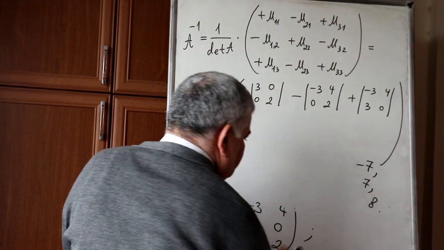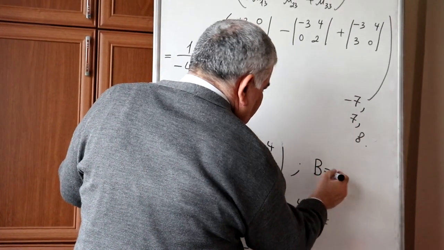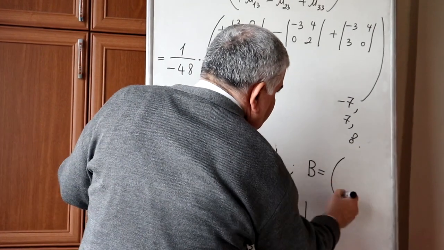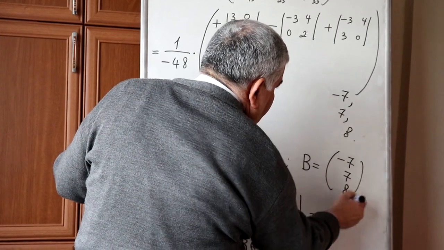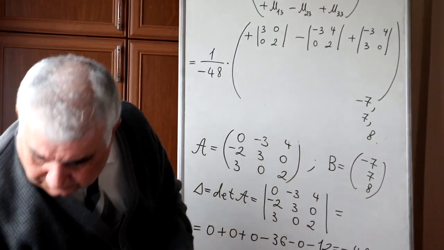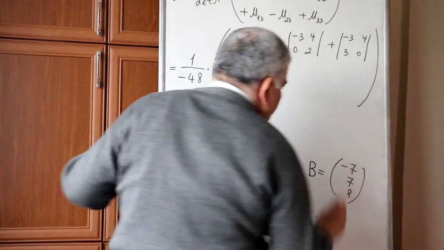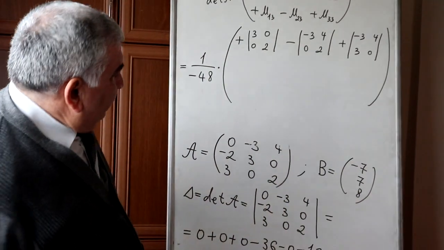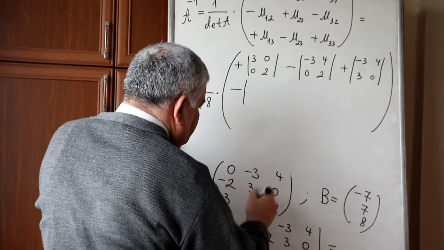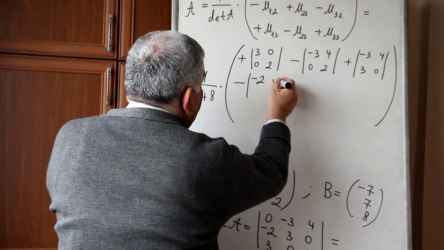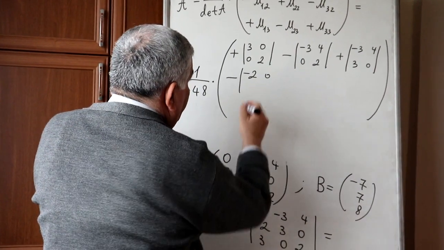Here note the column of the constant terms. B is minus 7, 7, 8. Then continue: minus M12: 1, 2 minus 2, 0, 2, 0, 1, 2, 1, 2, 3, 2, 3, 2.